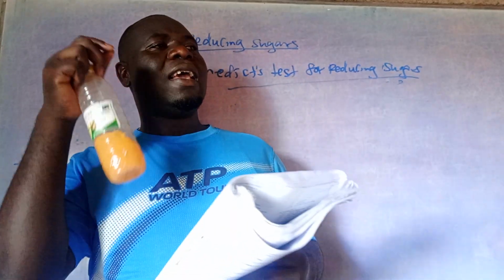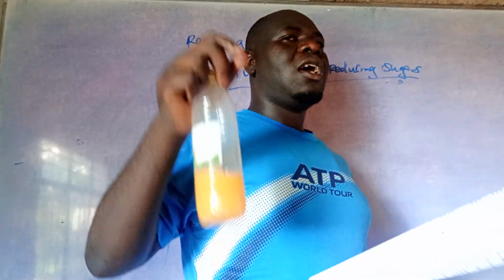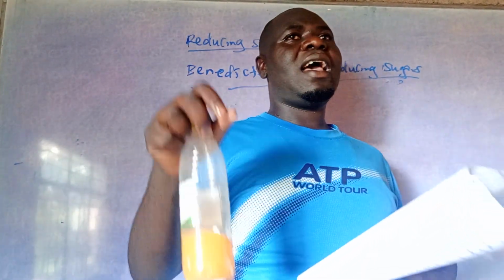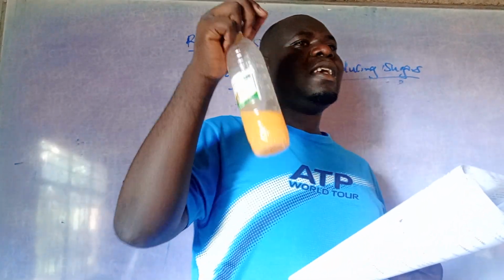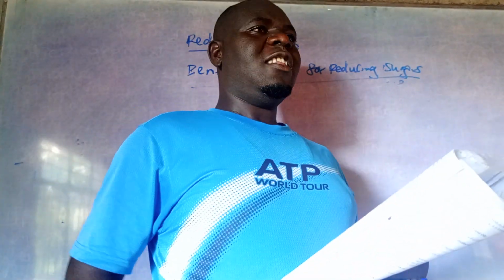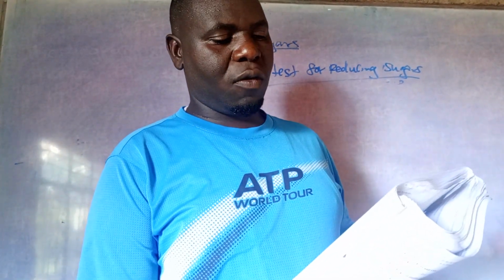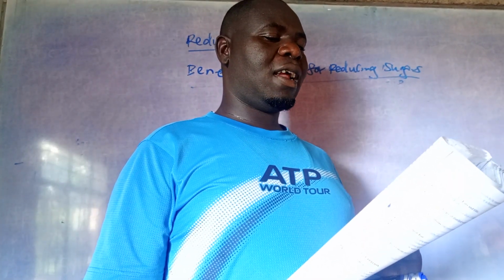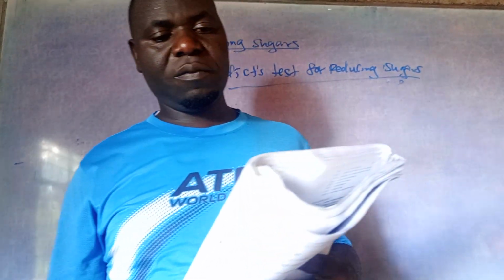So you can say, get 2 centimeter cubic of sample solution P and put it in a clean and dry test tube.